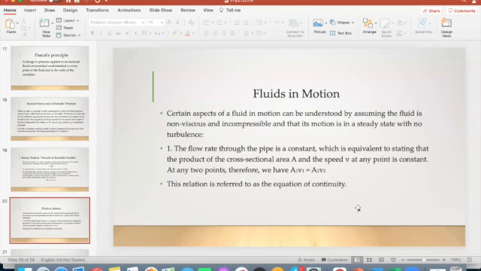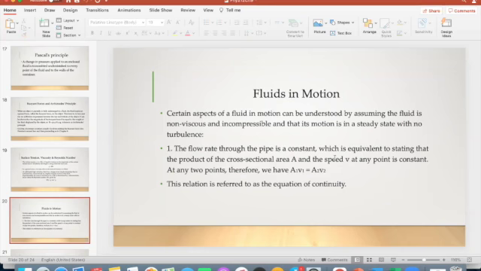All right, fluids and flow. Certain aspects of fluid motion can be understood by assuming the fluid is non-viscous and incompressible. So your fluid flow rate through a pipe is usually constant across the cross-sectional area of the pipe at whatever speed it's moving.